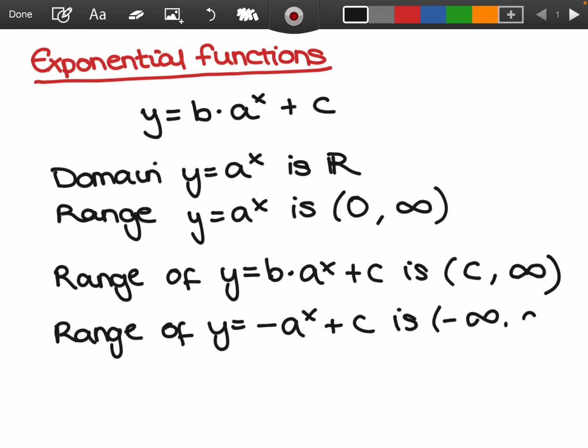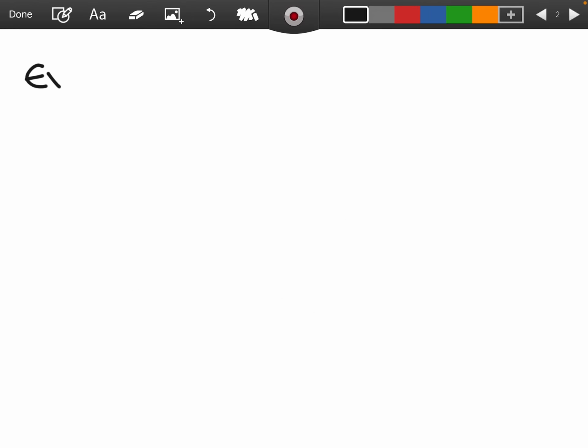But I then have this plus c, which is then going to shift everything up by c units. So this is going to be negative infinity up to c, where again I've got that c being my horizontal asymptote, but I have taken my entire graph and it's flipped over because I have that negative in front of a to the x.